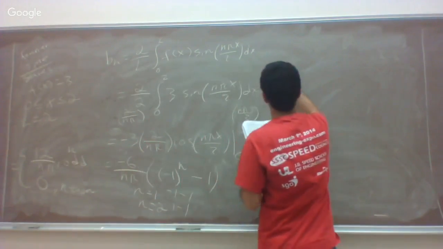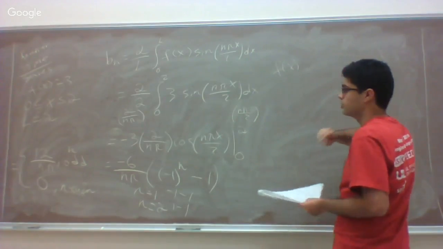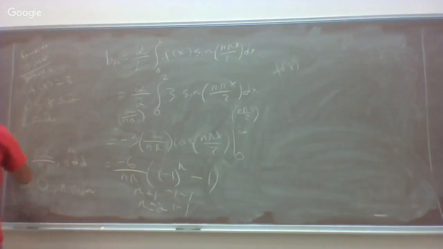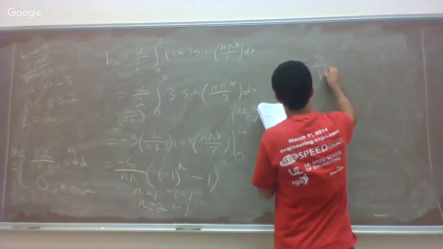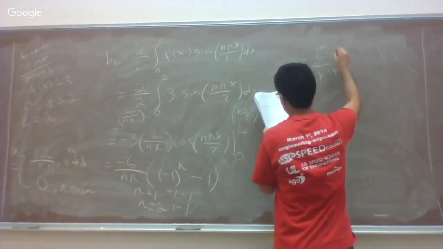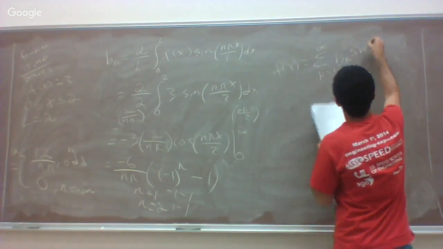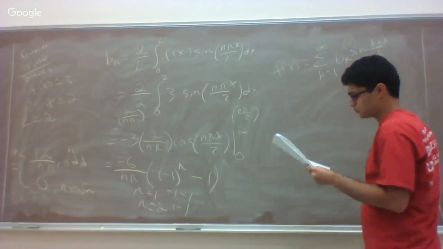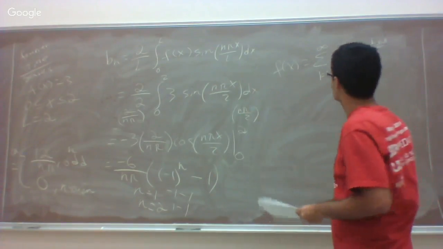So this is equal to b sub n. F of x, I tell you, is equal to the summation k equal to 1 going to infinity of b sub k sine of k pi x over L. And include the restrictions in your final answer, so we'll need to remember.